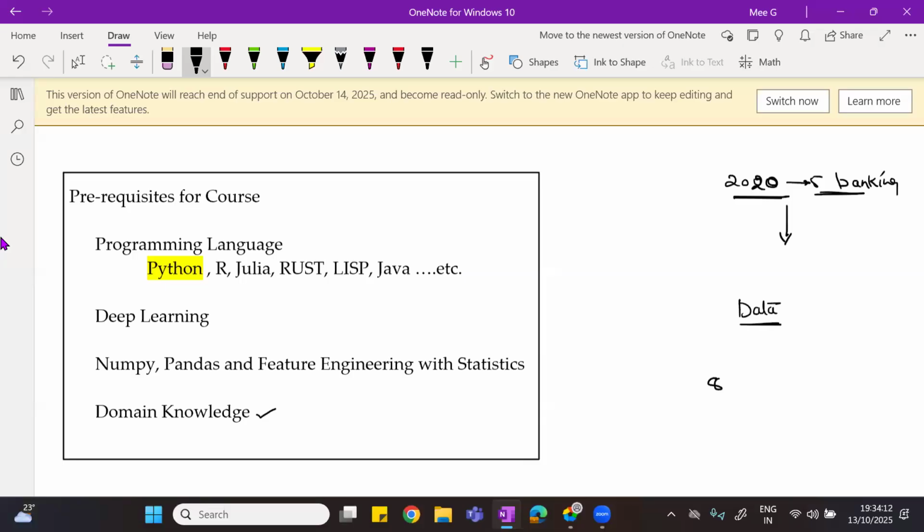So if you want to justify your experience, you can keep it at least 3 years into deep learning.